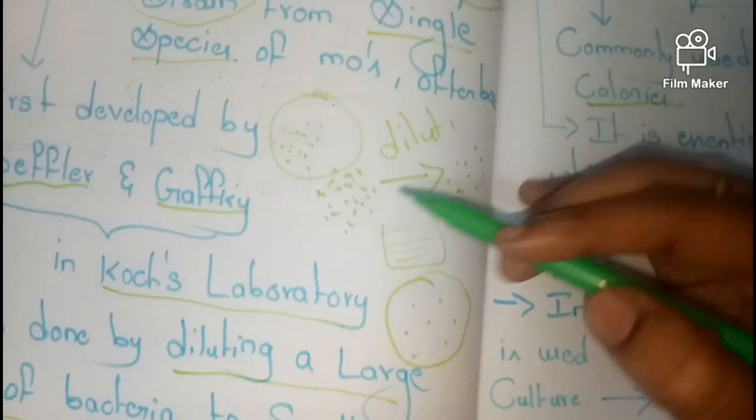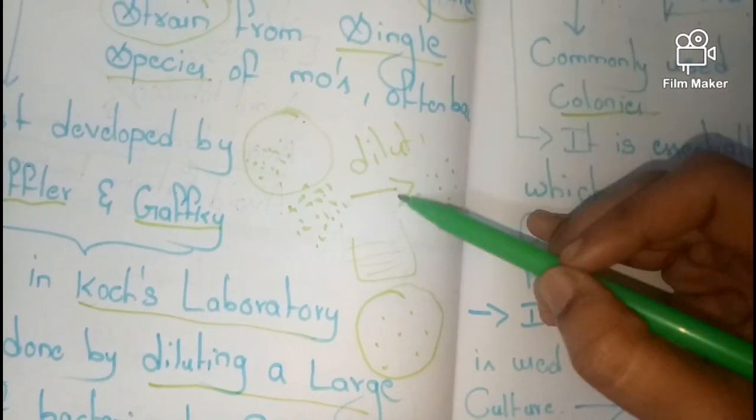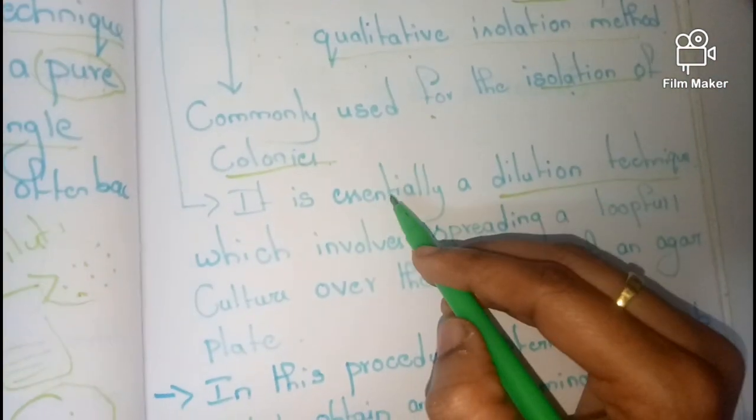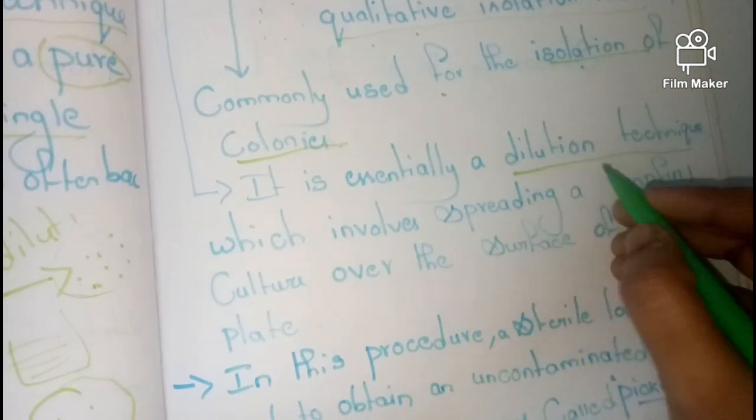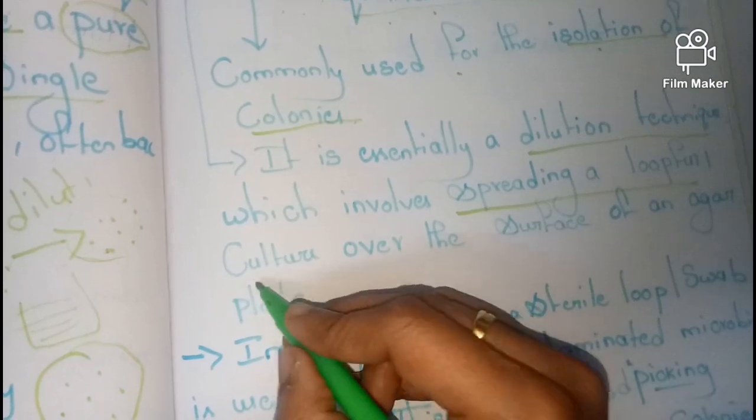As I said at the start of the video, the higher population of bacteria gets diluted into a lower population. This technique is based on dilution, which involves spreading a loopful of culture.